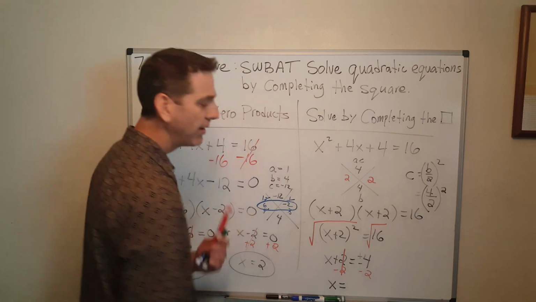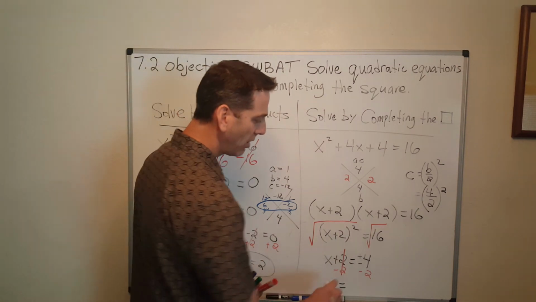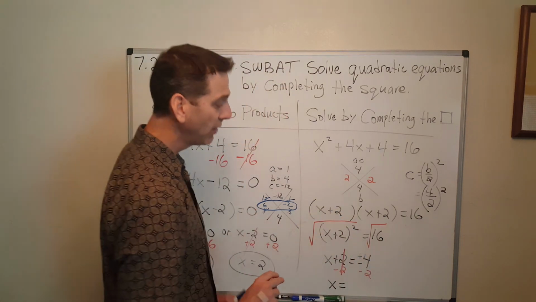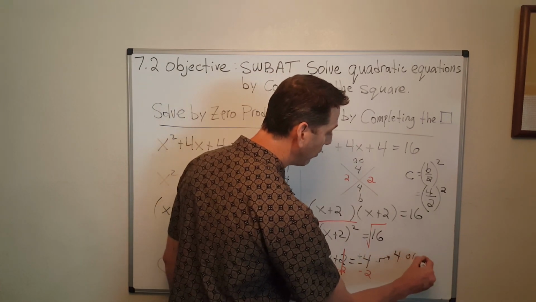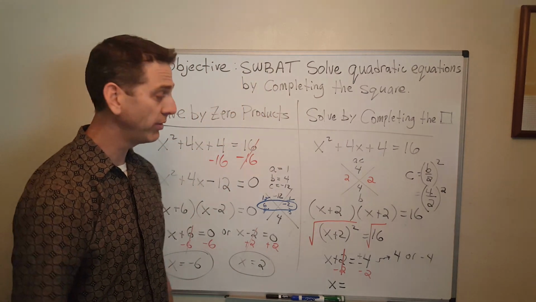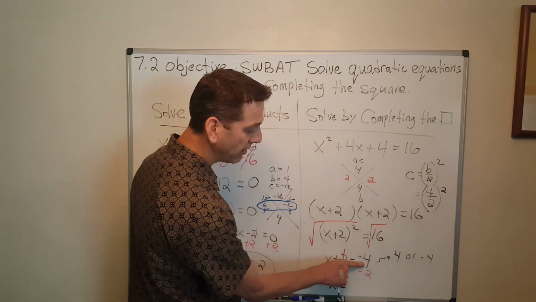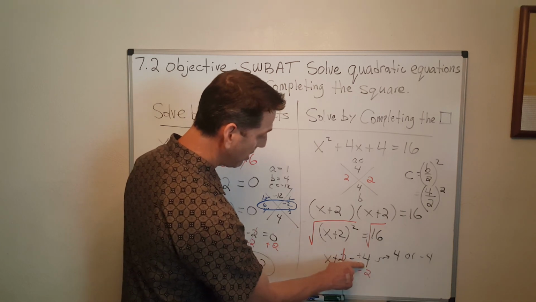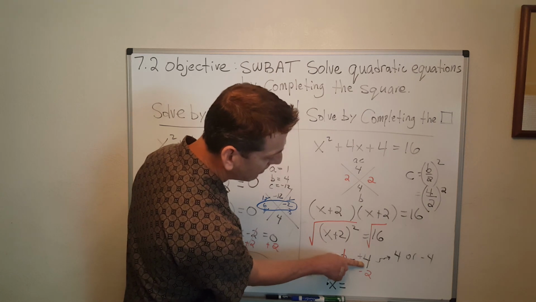Now, here's a little bit tricky, but not too bad. Remember I said that plus or minus 4 is actually two different numbers. This is actually 4 or negative 4. So if it is 4, I'm just going to cover that minus sign. If it's 4, what's 4 minus 2?